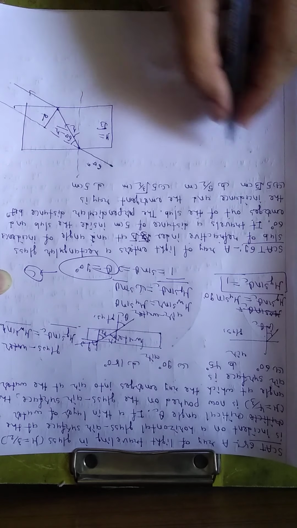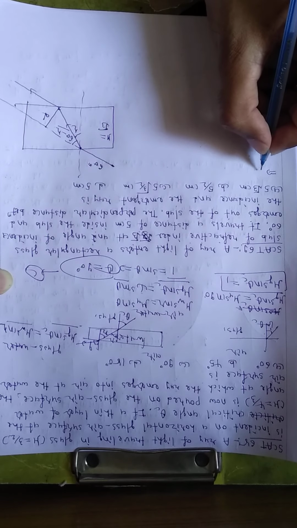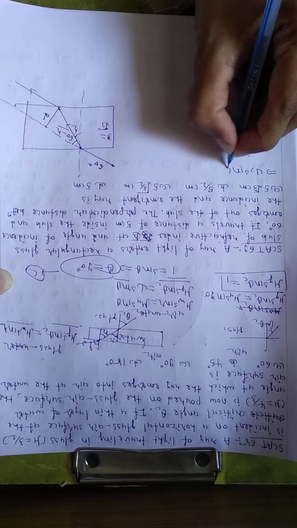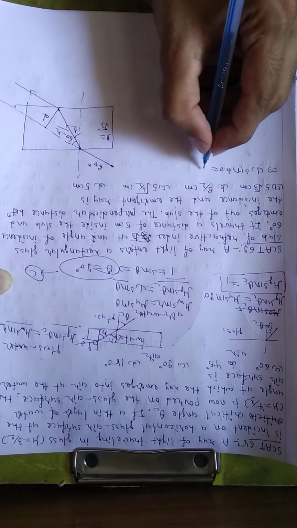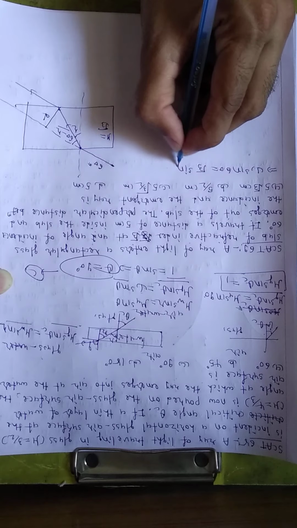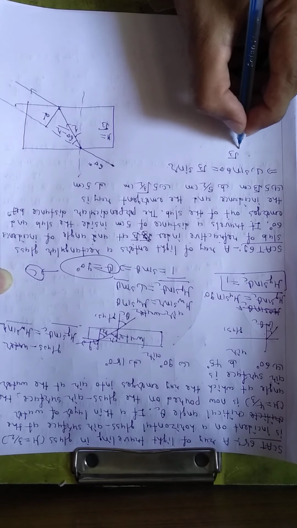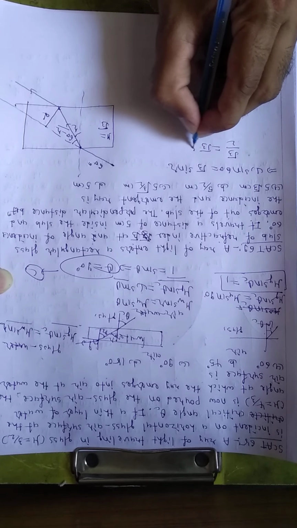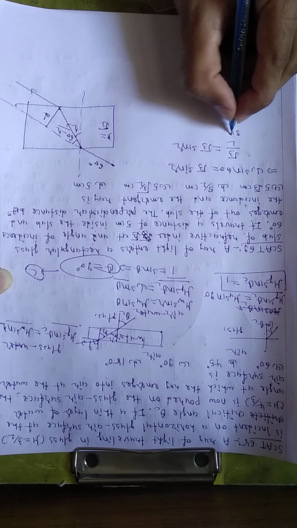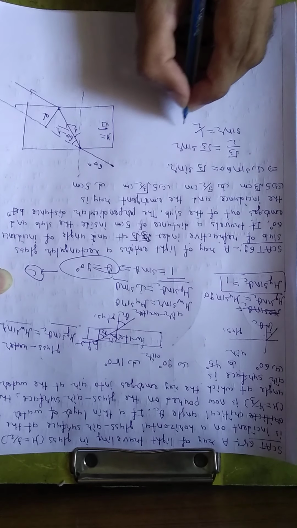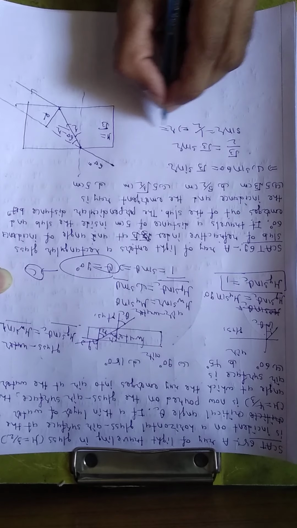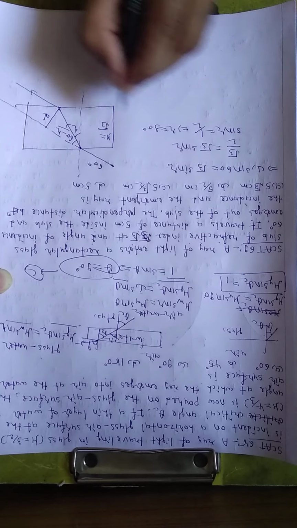Now find r. According to Snell's law, n1 is 1, sin 60 equals n2 which is √3, sin r. Sin 60 is √3 by 2, equals √3 sin r. Therefore sin r equals 1 by 2, therefore r equals 30 degrees.